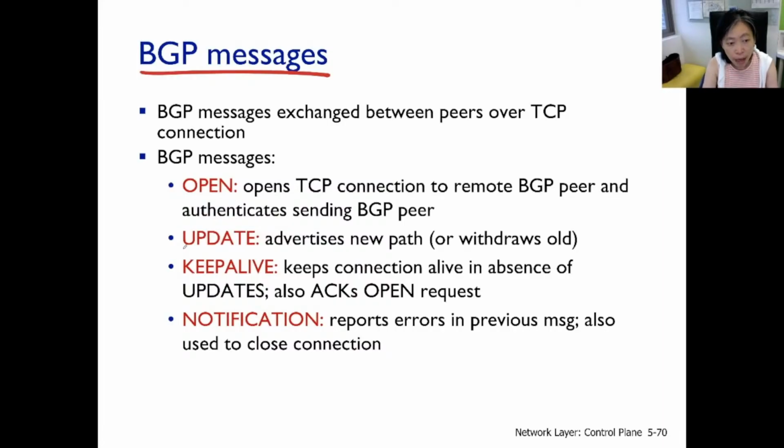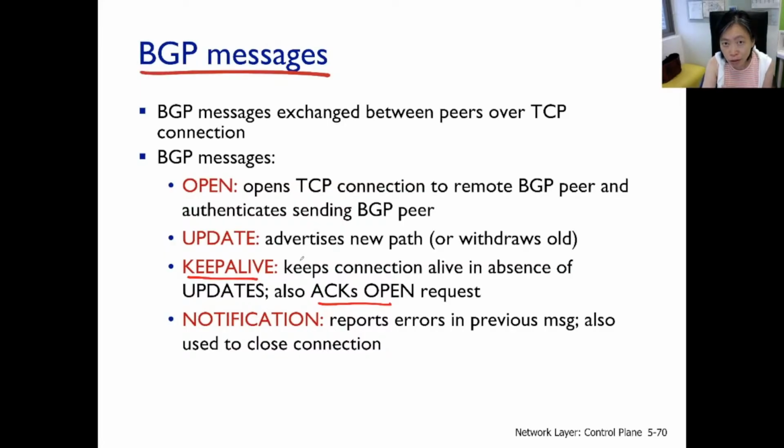Now, the update message. This is the message used to send the path advertisements, the path vectors. This message also allows the routers to withdraw outdated path vectors. The keep alive message we saw earlier is to ACK the open message to establish a TCP connection.